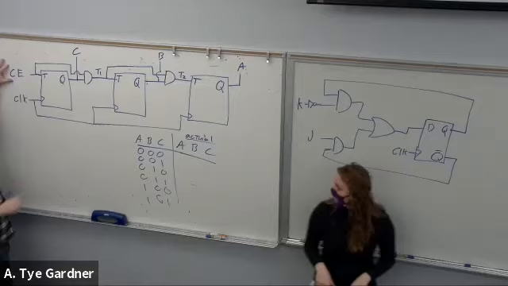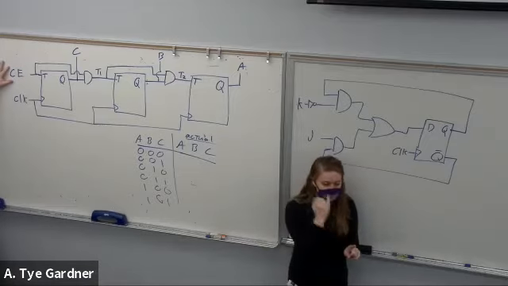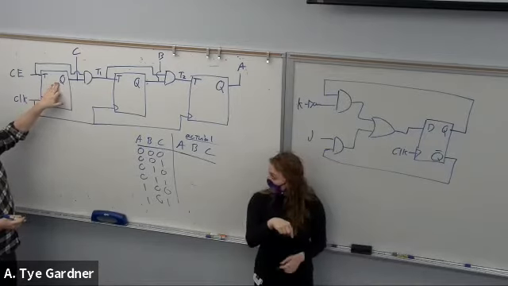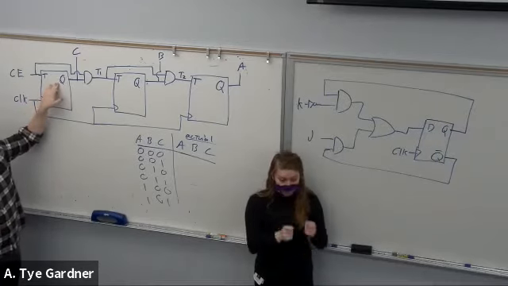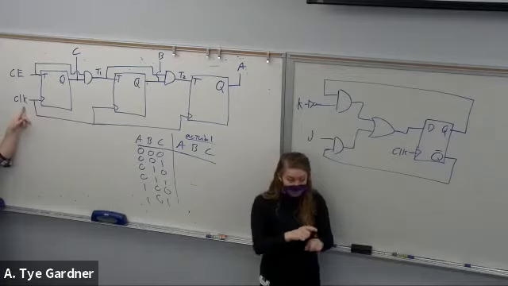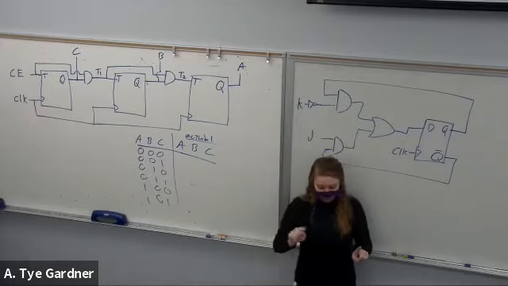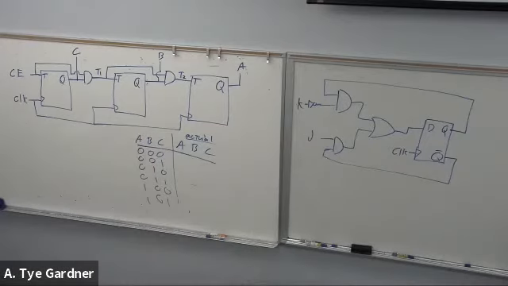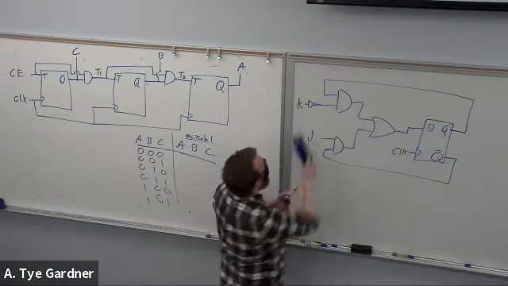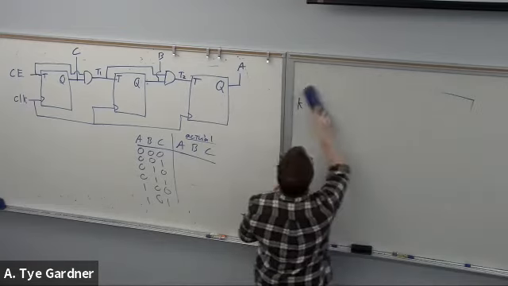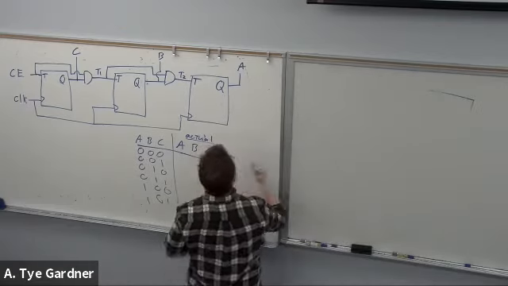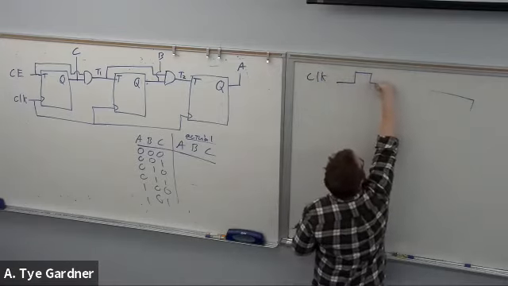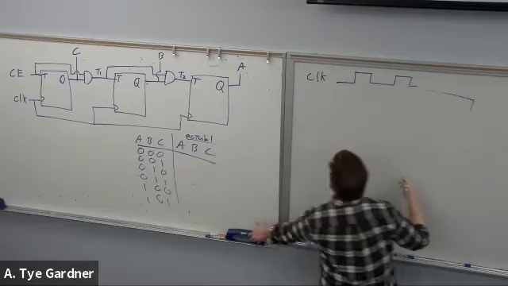So clock enable is 1. Let's assume it stays 1, because if it's not 1, nothing is going to happen, right? And then Q is just going to toggle every time I get a rising edge of clock. And we're going to say our clock is this.